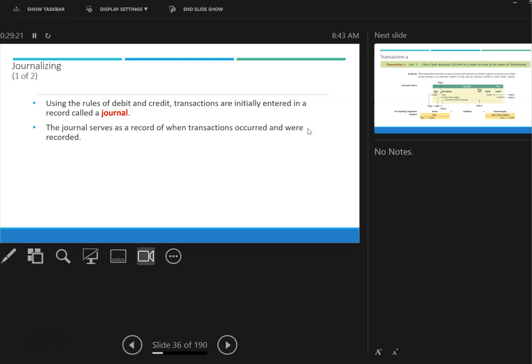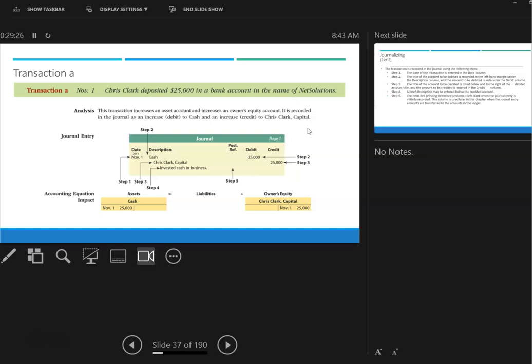Now a journal is where we enter all of these transactions. So here we're going to look at some transactions just to make sense of this, guys. On November 1st, Chris Clark deposited $25,000 in a bank account in the name of Net Solutions. Think about it.